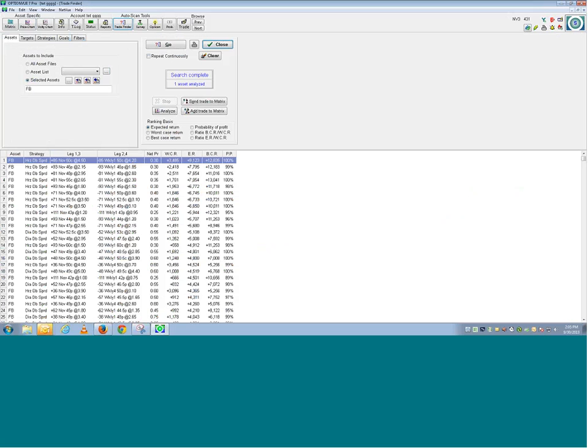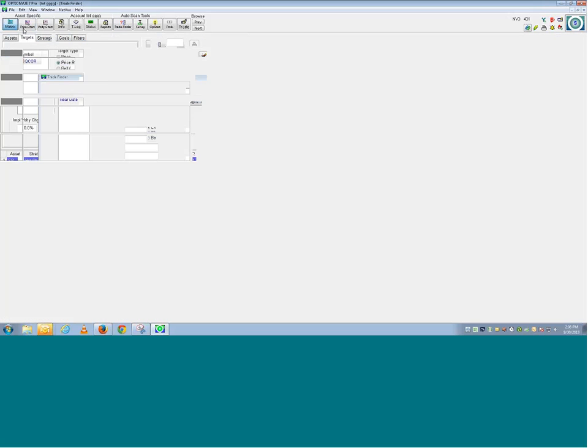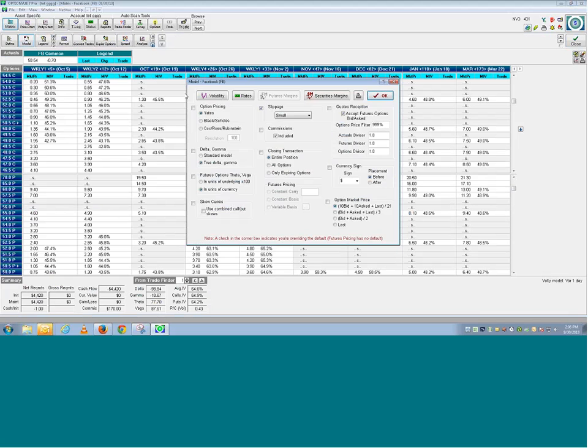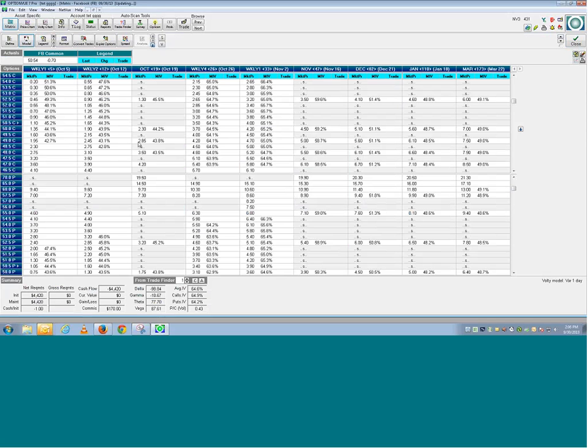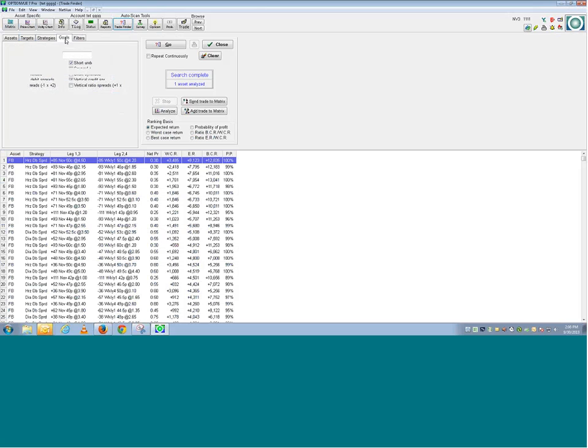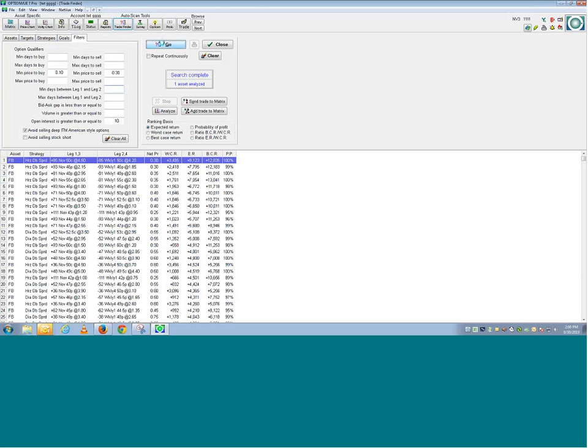So we go to Q-Core, targets, matrix. Let's just do a small slippage. Bring in some prices. Okay. Strategies, goals, filters, hit go.